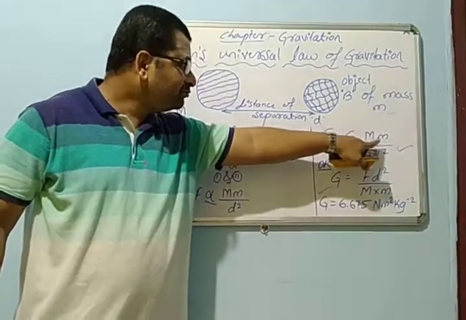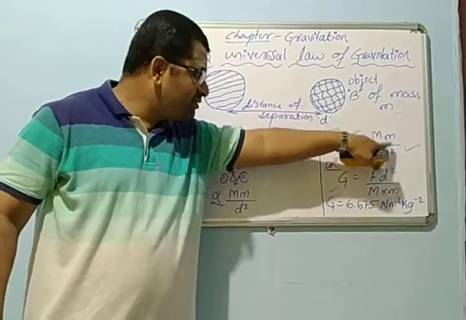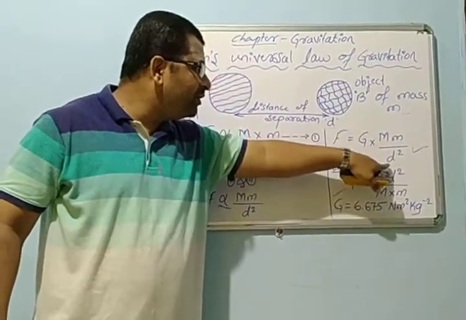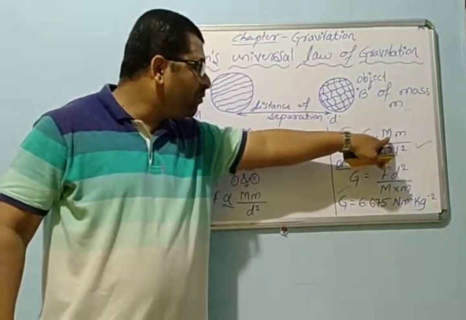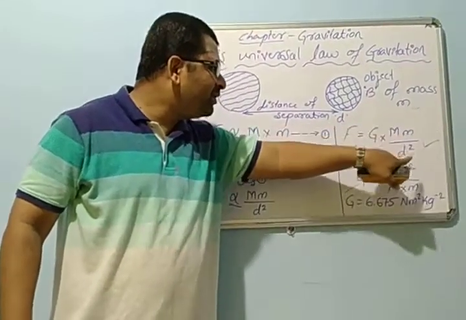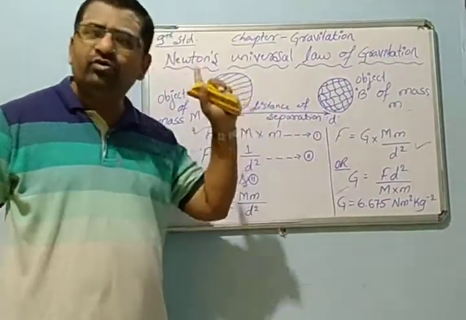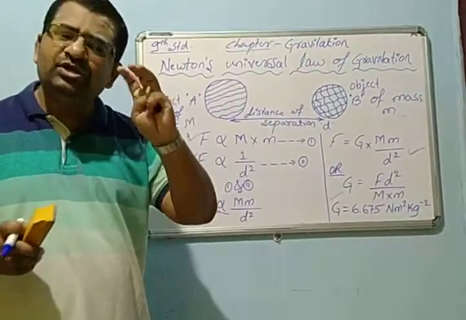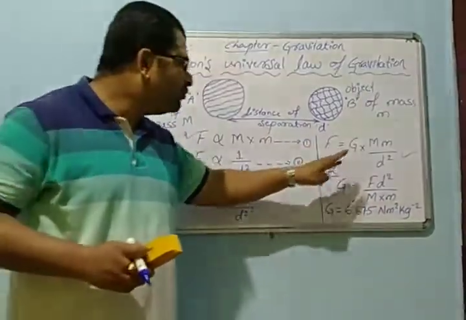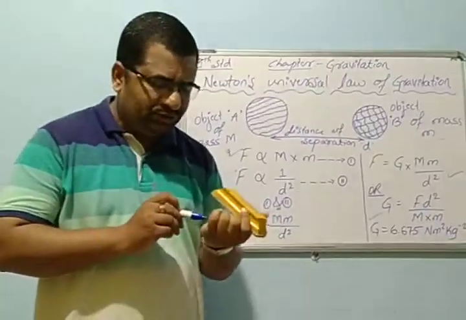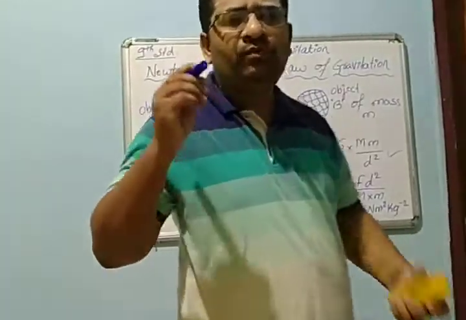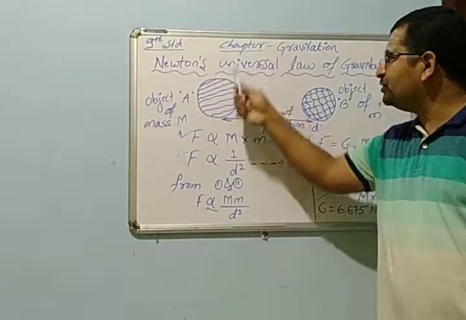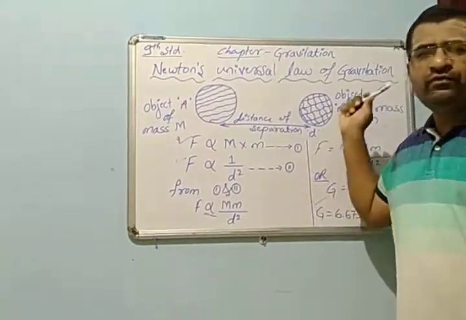Among the four physical quantities, capital M, small m, F and d square, three will be given, and the fourth one has to be calculated. So this is how all the explanation regarding the universal law of gravitation goes.